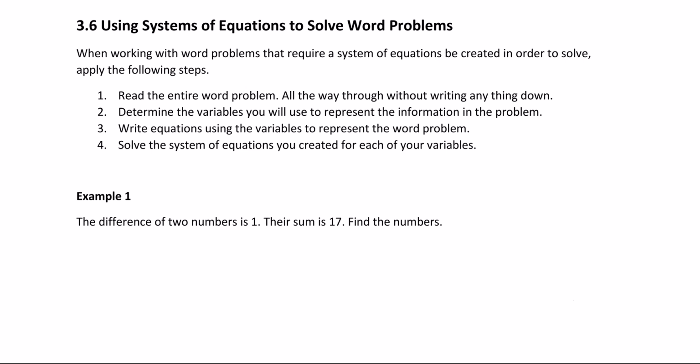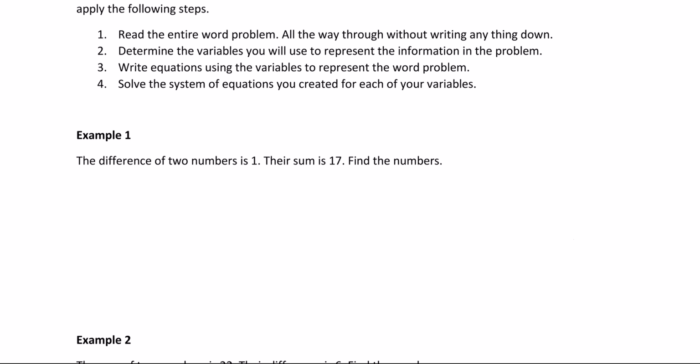So for example 1, we start pretty simple here. The difference of two numbers is 1. Their sum is 17. I'm going to put my two variables as x and y. So their difference, that subtraction, is 1. So x minus y equals 1.